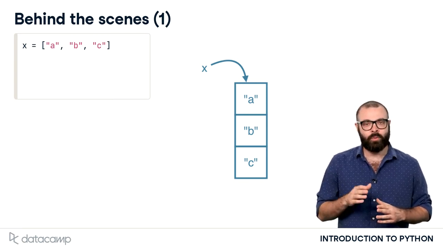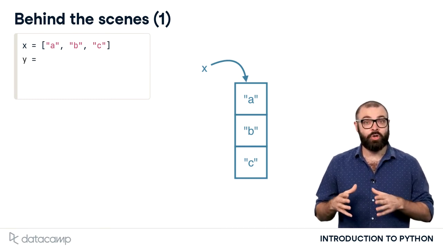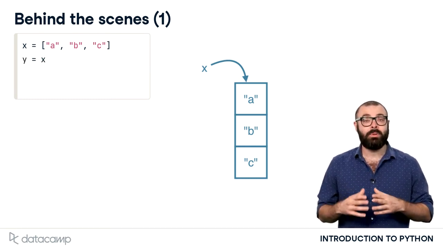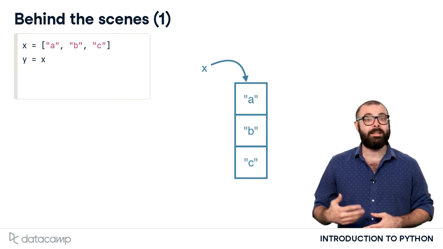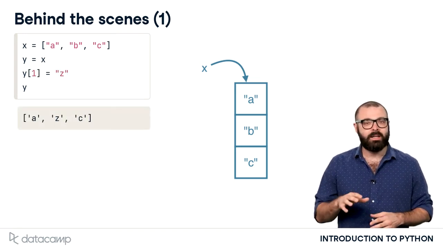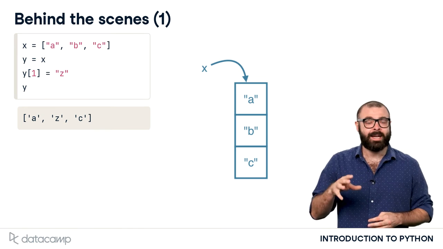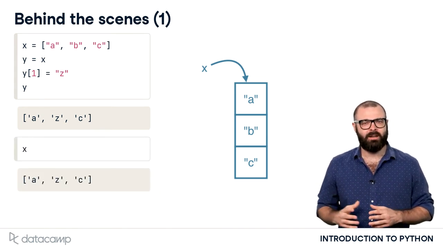Let me clarify this with an example. Let's store the list X as a new variable Y by simply using the equals sign. Let's now change the element with index 1 in the list Y like this. The funky thing is that if you now check out X again, the second element was also changed here.